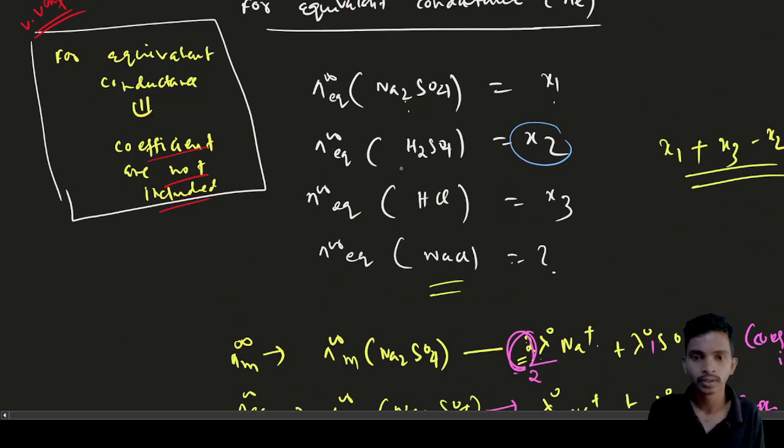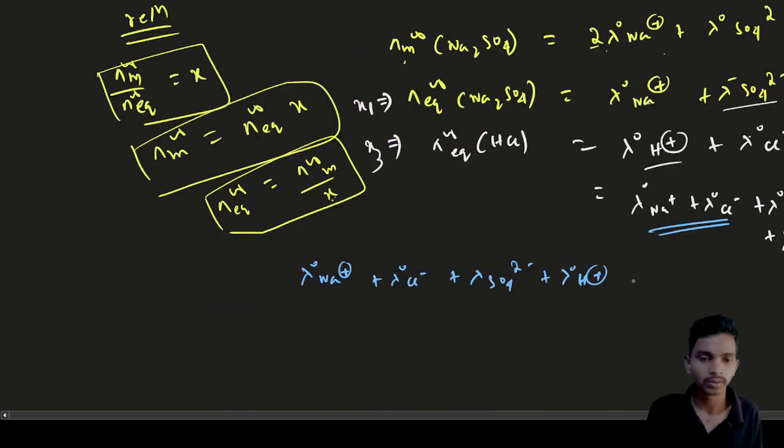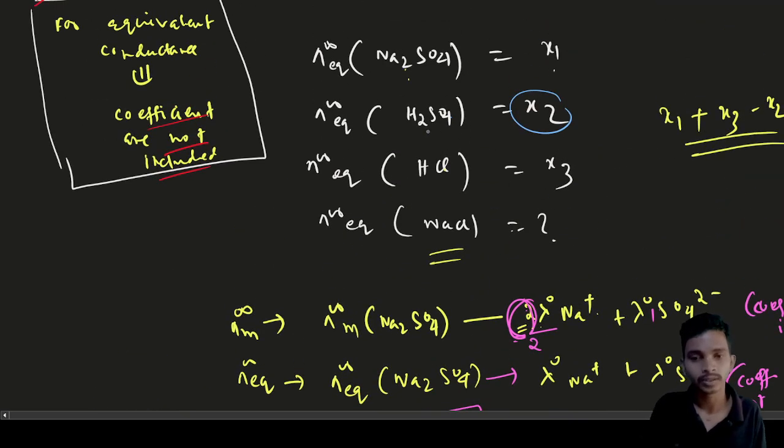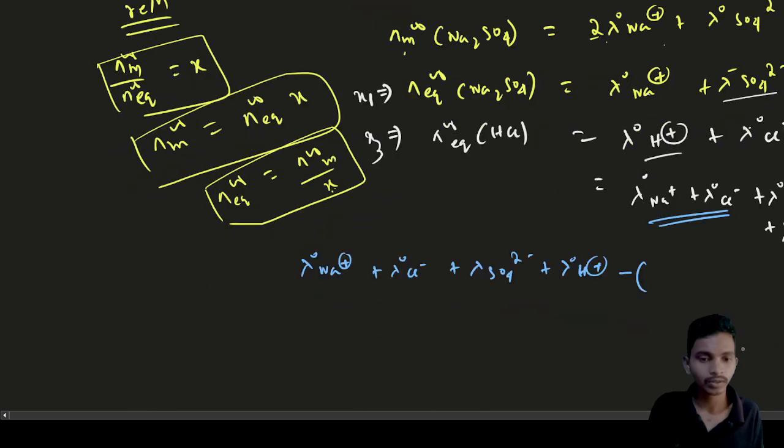So x2 is this one, and that is going to give the minus. I will not write 2H plus, because for equivalent conductance the coefficient will not come, so I will write plus.